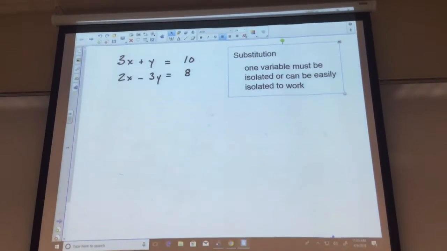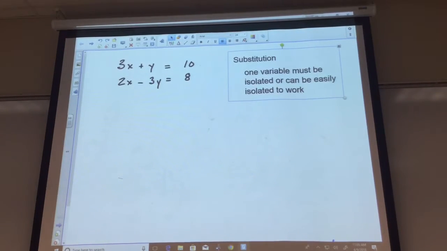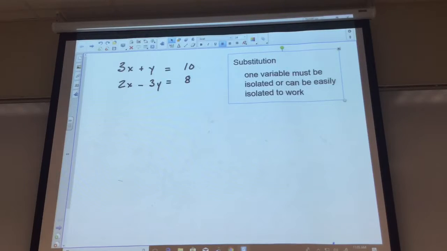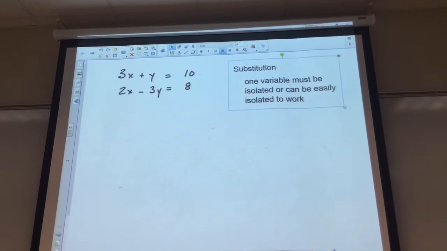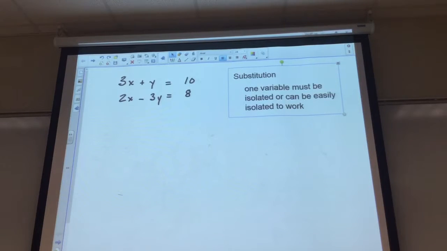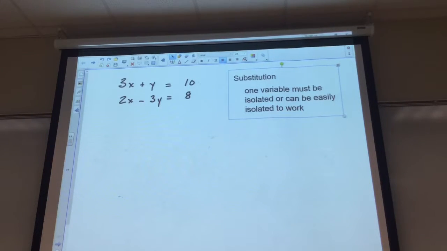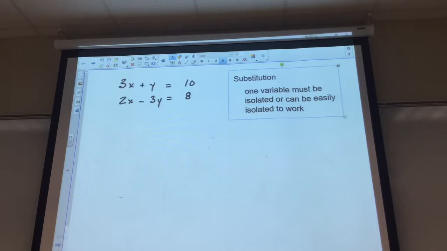Let's cover substitution first. Substitution, like any technique you use, expects you to make an intelligent decision about how you want to approach the problem. If substitution is going to work for you, you have to have one variable already isolated with an understood coefficient of a positive 1, or easily be able to isolate it without introducing anything that bothers you in the problem, which would be fractions basically.